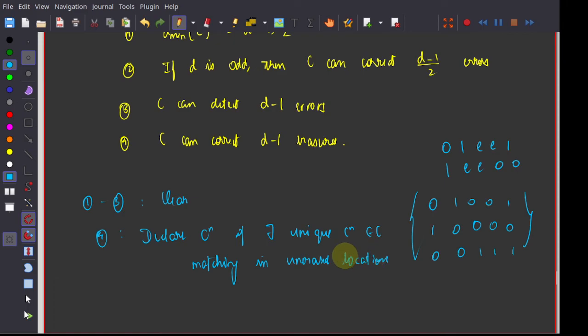Okay. So now suppose I make at most d-1 erasures. Can there be a conflict between two code words? So basically, I take a sequence that is a code word and I erase d-1 locations.